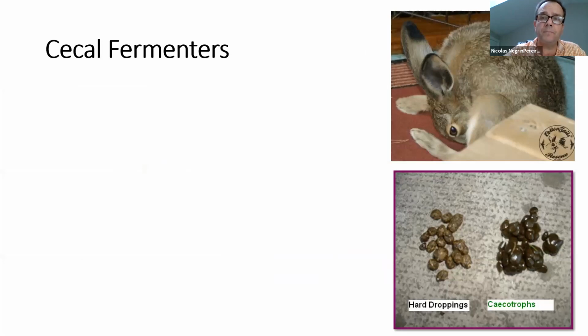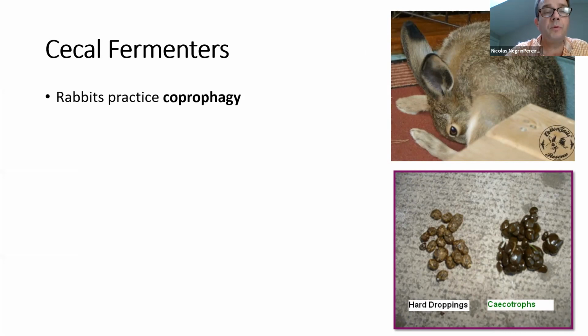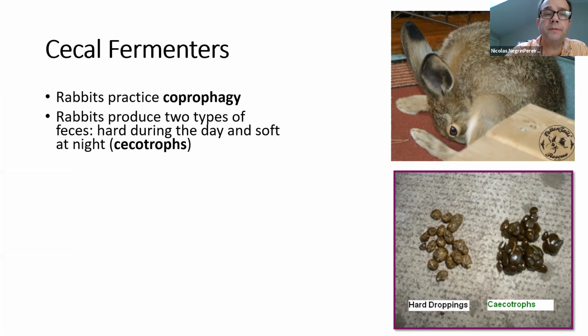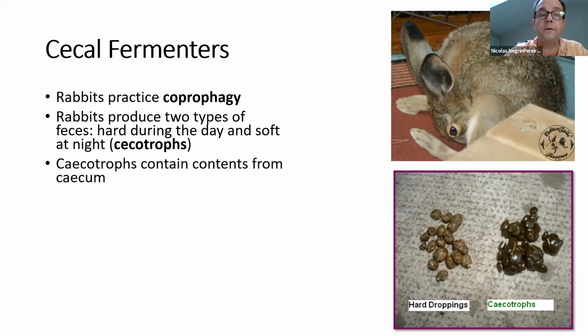And finally, I want to talk a little bit about the cecal fermenter, which is the case of the rabbit. We have this particular habit of practicing coprophagy, and they produce two types of feces. One of them is hard, produced during the day, the droppings we normally see in the cage of a rabbit, and then some soft ones that they normally eat only during the night, and these feces are called cecotroph.